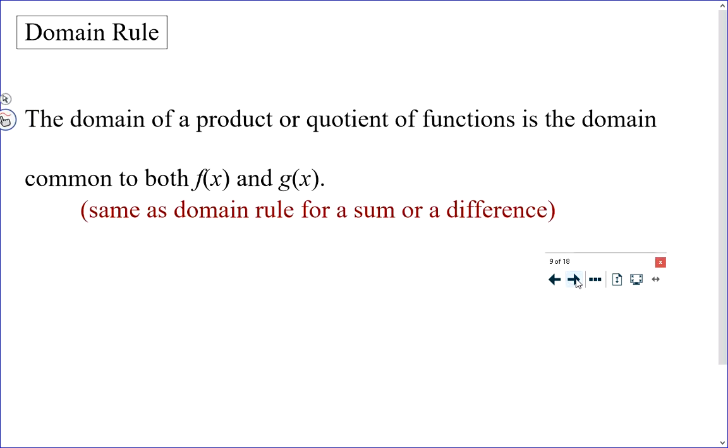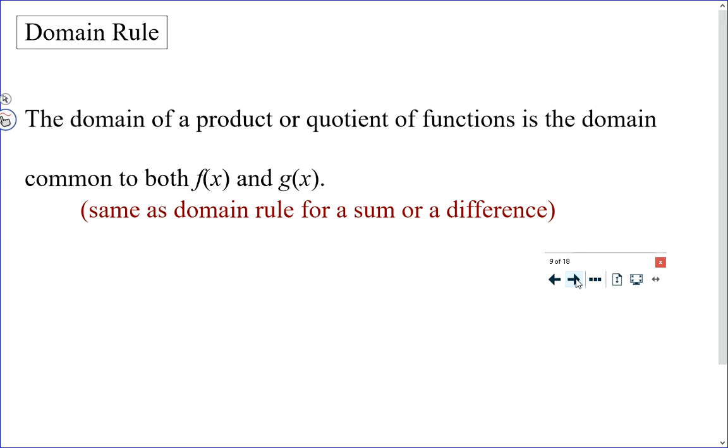Now we have a domain rule. It says the domain of a product or a quotient of functions is the domain that's common to both of the functions. So this is the same idea we were talking about with a sum and a difference on Wednesday.